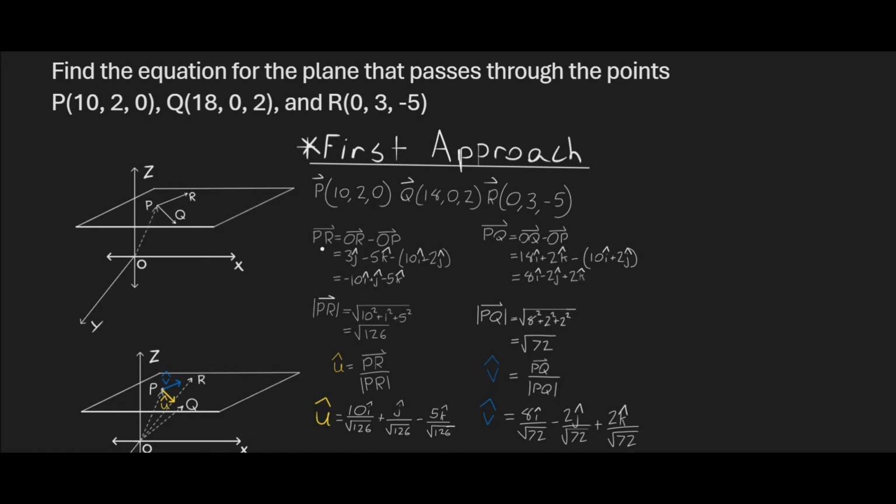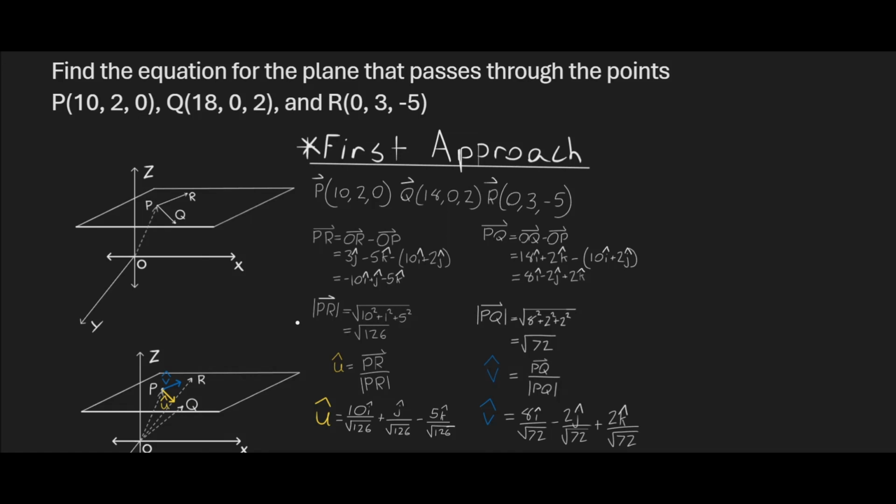PR is equal to OR minus OP, and PQ is equal to OQ minus OP. Then we can solve, and it's going to give us these vectors here. So these are the vectors that are parallel to the plane.